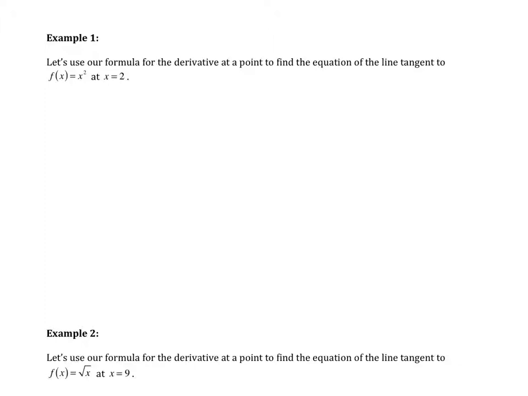So for example 1, let's use our formula for the derivative at a point to find the equation of the line tangent to f of x equals x squared at x equals 2.